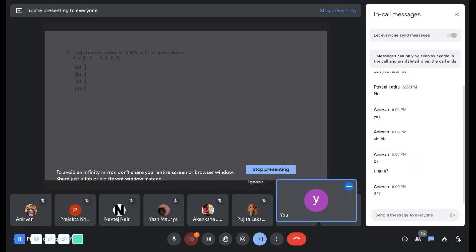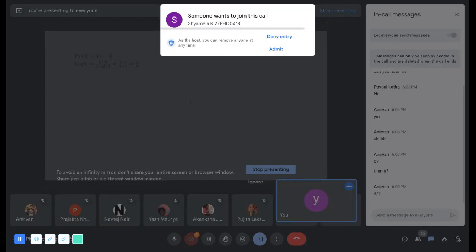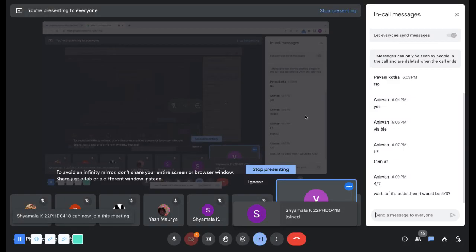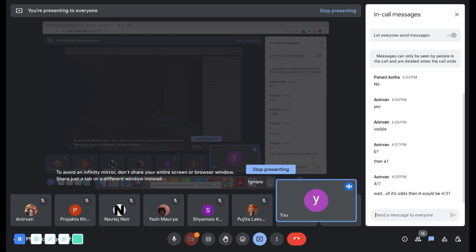The logit transformation is nothing but the odds that x is equal to 1, so it's p over 1 minus p, the ratio. So it's 4 by 3.